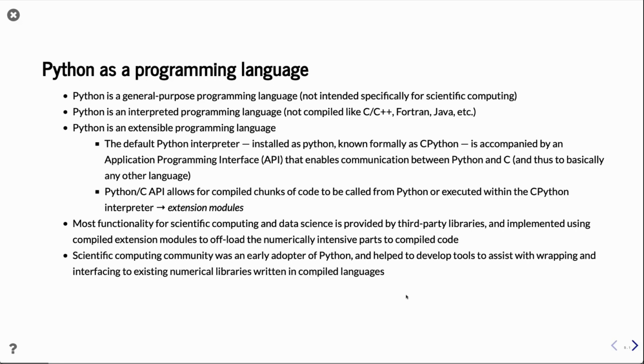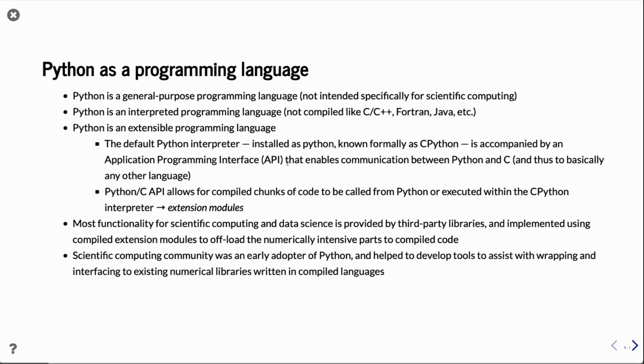It's also an interpreted programming language, so it's not compiled at its core, and so intrinsically, it can be slower than compiled languages, but that is offset by the fact that Python is also an extensible programming language, which means that we can extend it with compiled modules within the interpreter.